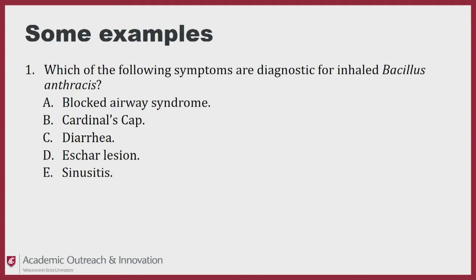But some of these other things are designed to be plausible distractors. Again, not to test your ability about anthrax, but let's talk about them. I alphabetize all of my responses, and in my other version, they're reverse alphabet.